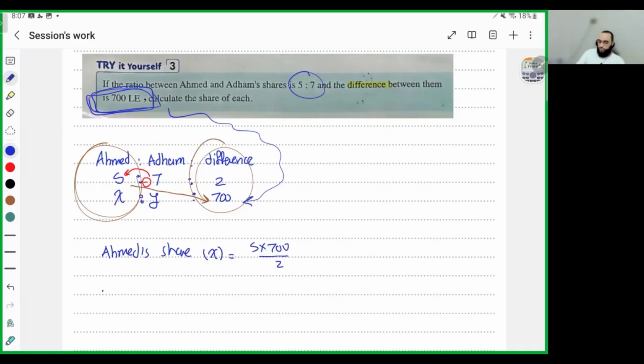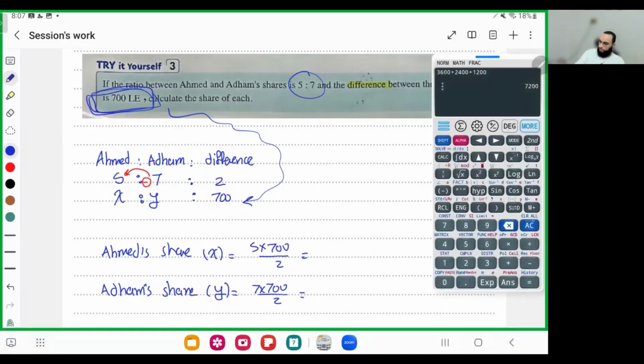What was Adam's share? 7 times 700 over 2, which is y. You can do it with the calculator. Make a fraction, 5 times 700, go down 2.